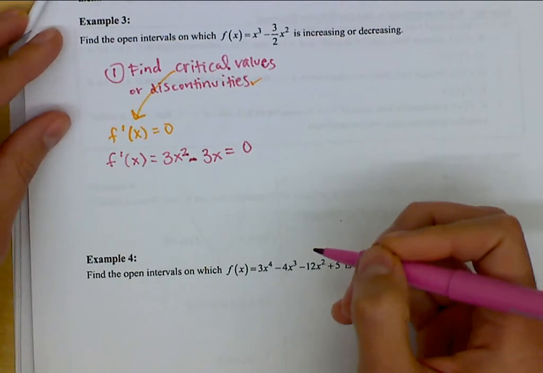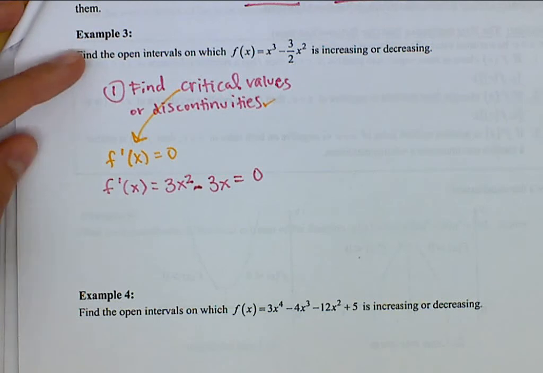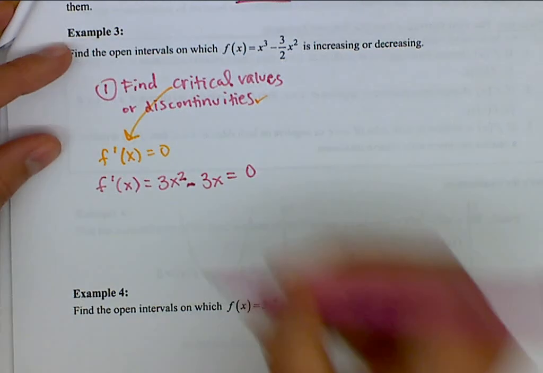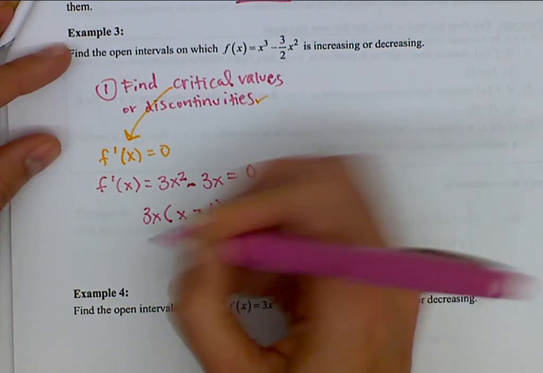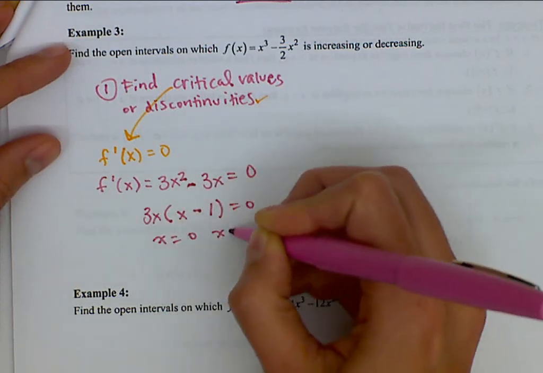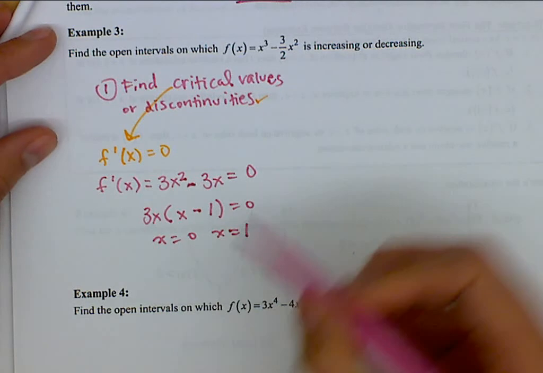We can factor out 3x, and we get these as my critical values. There's no discontinuities.